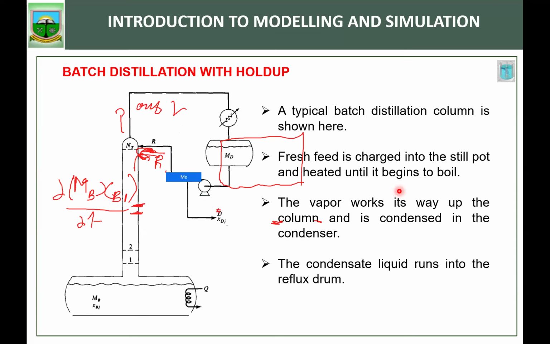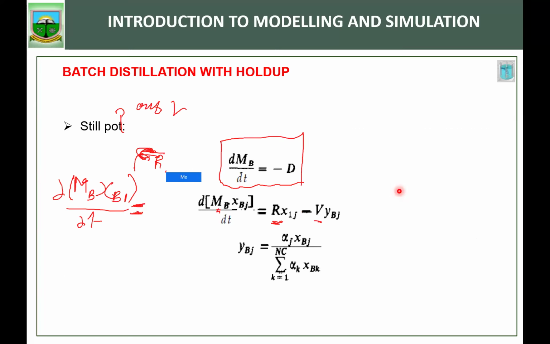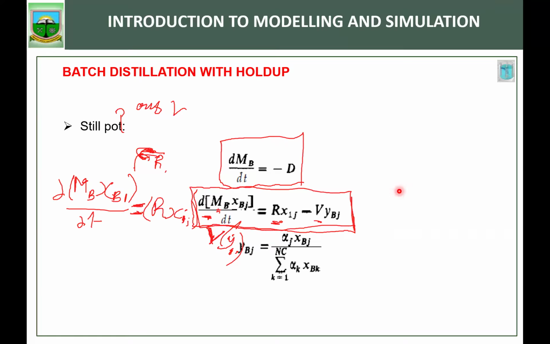So the input is the reflux, times the fraction of component 1 in the reflux, minus V times the fraction of component 1 inside the vapor phase. This is the component mass balance. If there are 10 components, you write this for all 10 components in the system.